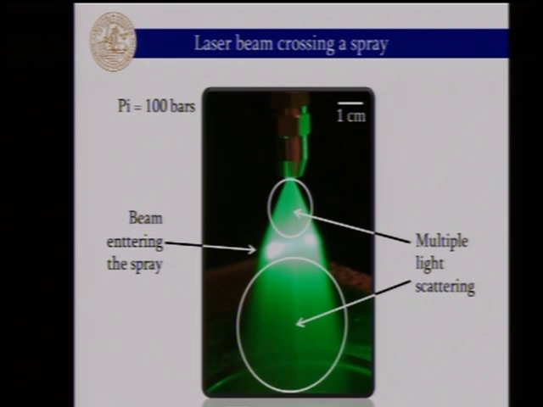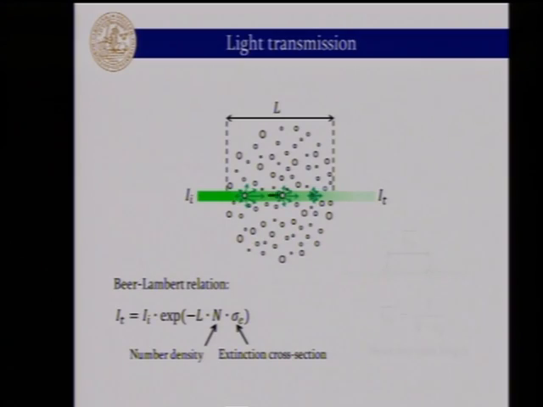So let's have a look at this beam crossing this cloud of droplets. At this distance below the nozzle, you can assume you have spherical droplets. Near the nozzle is the spray formation region, where you will have some ligaments and irregular liquid structures. But further down, you should obtain micrometric spherical droplets. And in this region, you can assume that your beam is exponentially reduced as a function of the Beer-Lambert law.